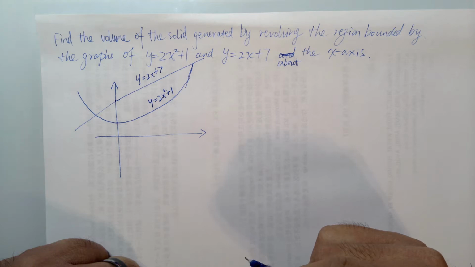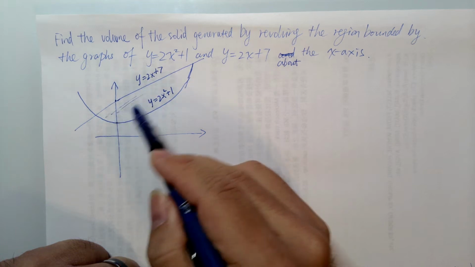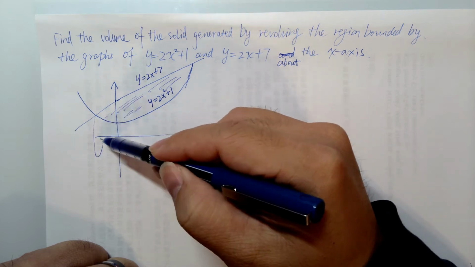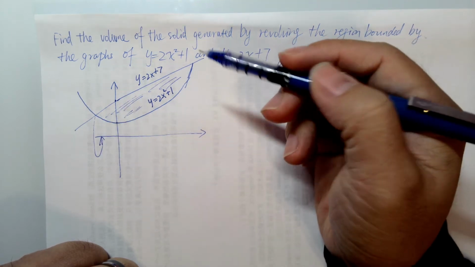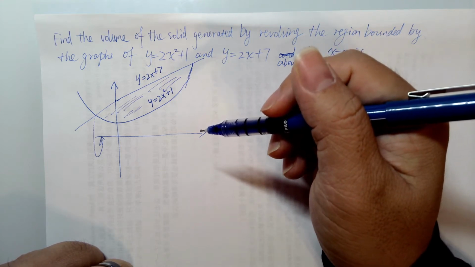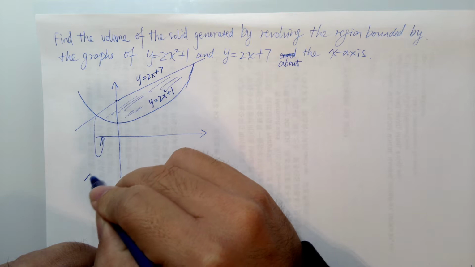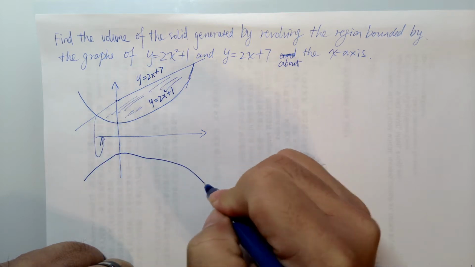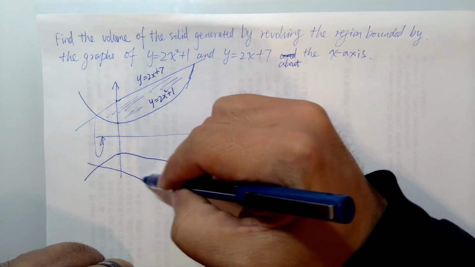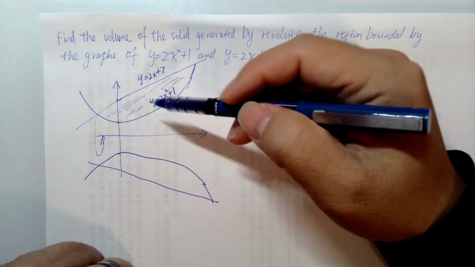So it asks us for the region bounded by, right? So in other words, we're looking at this region, and then you're starting to revolve it about the x-axis. So as you can see, if you draw, flip, and also like this, when you do that, you're going to have a solid.